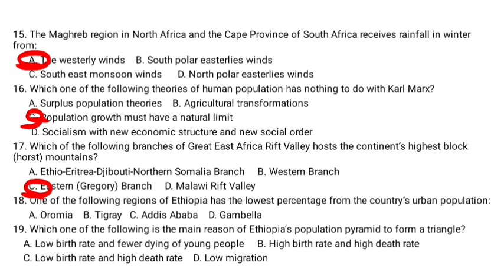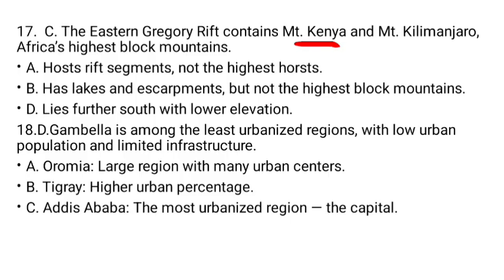For question number 18, Gambella from the Ethiopian regions has the lowest percentage of the country's urban population. Students, as you know, Oromoo is a large region with many urban centers, while Tigray is known for a higher urban percentage.